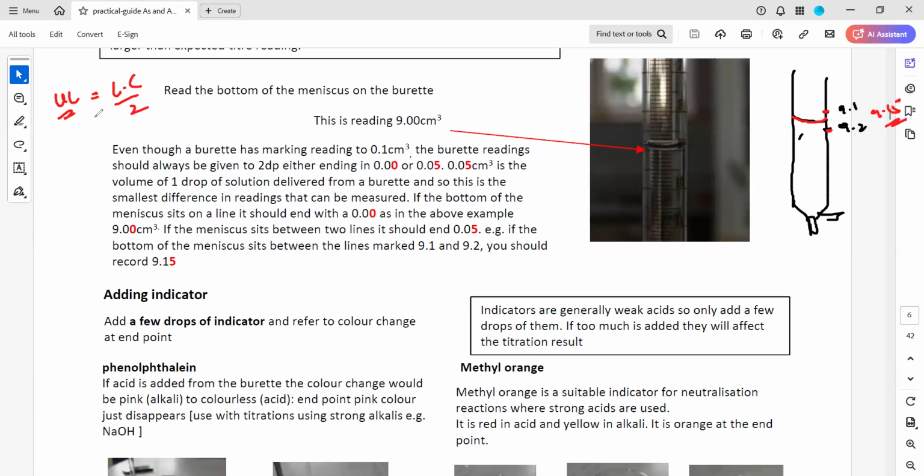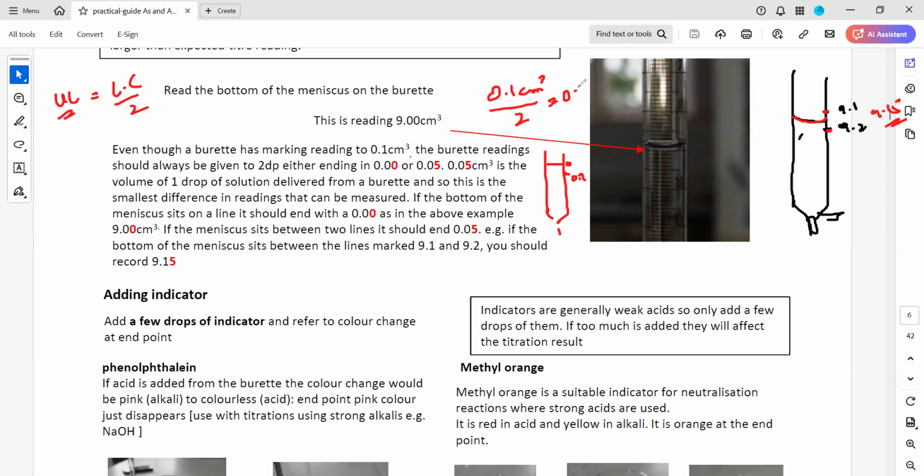So what is the least uncertainty in the measurement when we are using a burette? The smallest marking is 0.1 cm cube, okay? Zero mark is there, the next mark is 0.1. The least count is 0.1, but you can have uncertainty in the measurement.